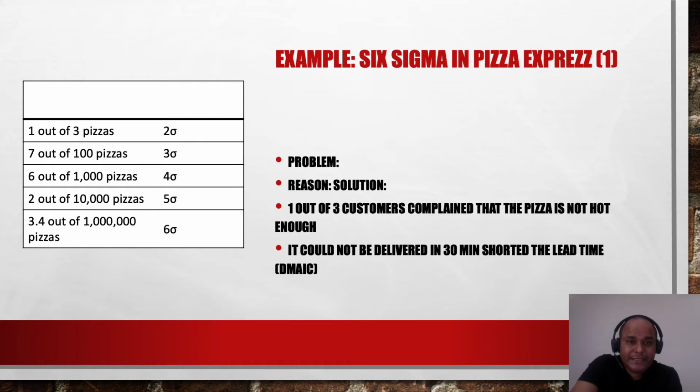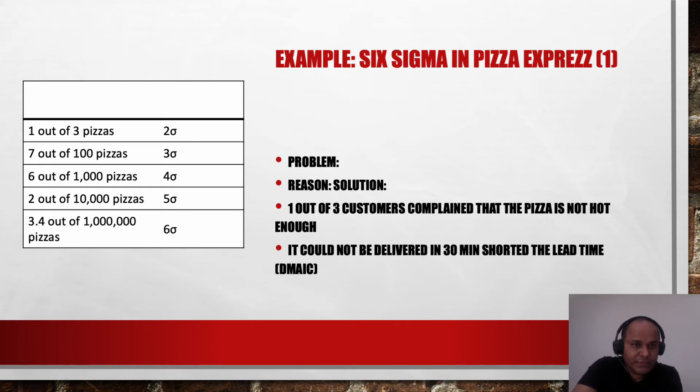Here is an example of Six Sigma in a pizza experts like problem. 1 out of 3 customers complain that pizza is not hot enough. It could not be delivered in 30 minutes, so shorten the lead time.